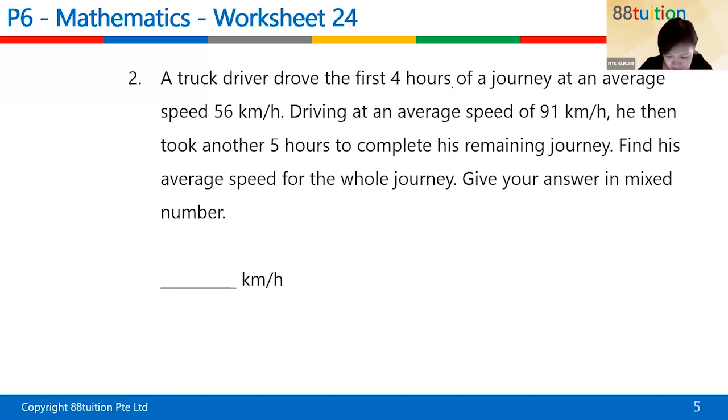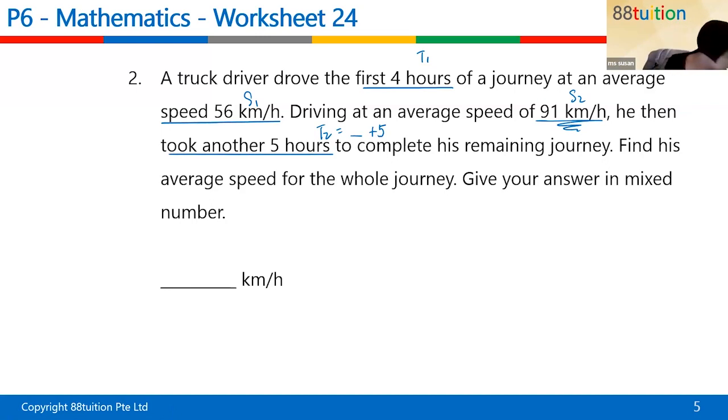First thing, you have T1 that is 4 hours, and S1 will be 56. For example, this is S2. He took another 5 hours. That's the time taken. So find the average speed for the whole journey.